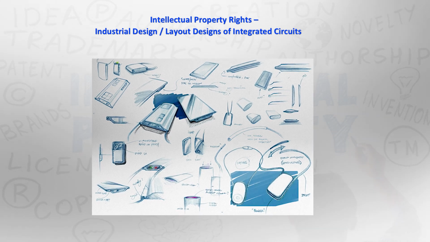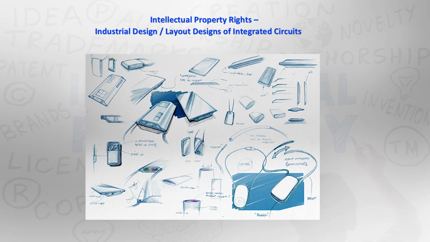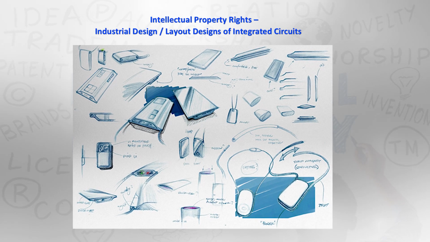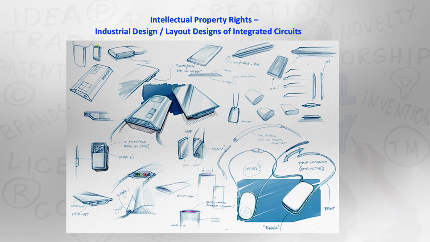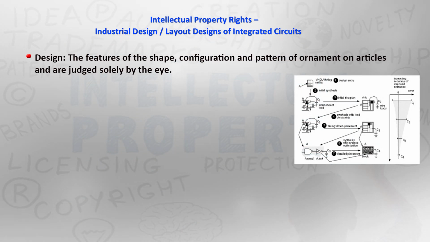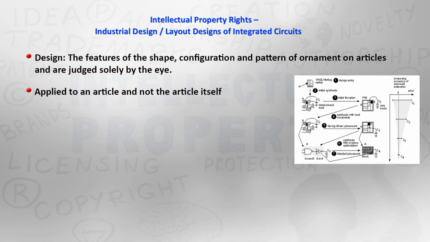Then another type of intellectual property right is industrial designs or layout design of integrated circuits. Basically the design is the features of shape, configuration and pattern or ornamentation on articles. They are judged solely by the eye, and it is applied on the article, not the article itself.